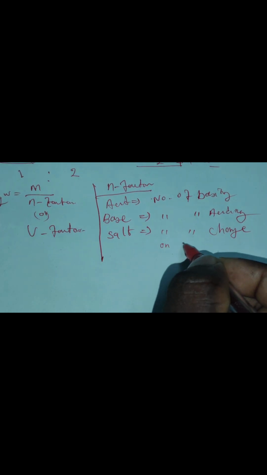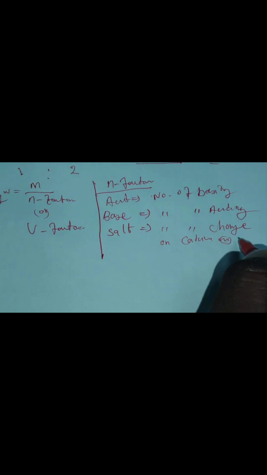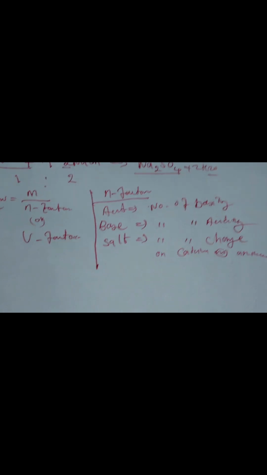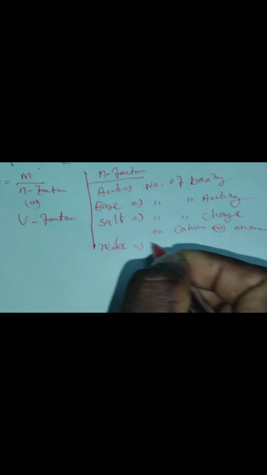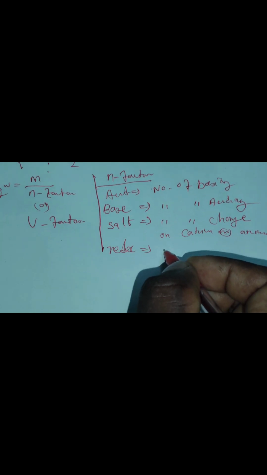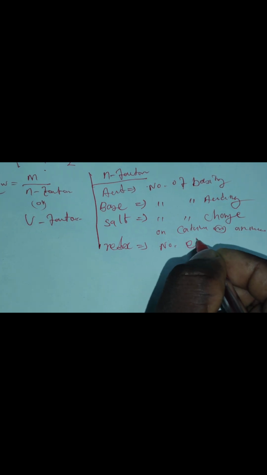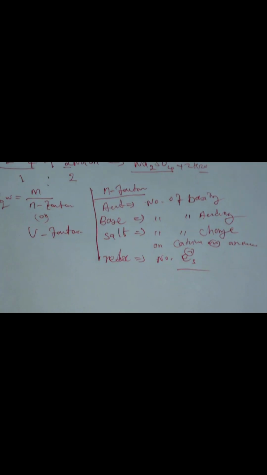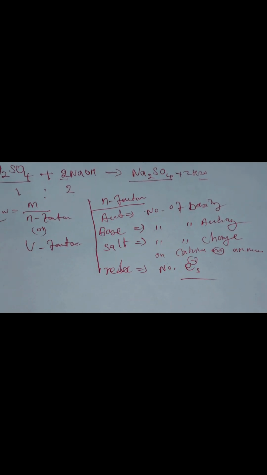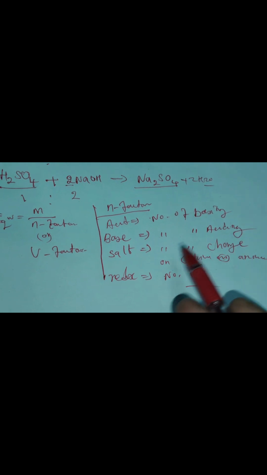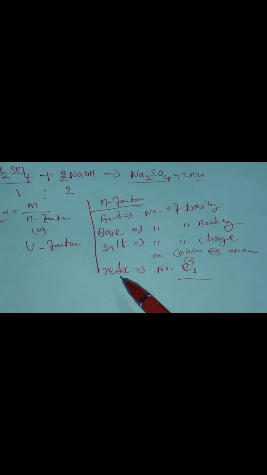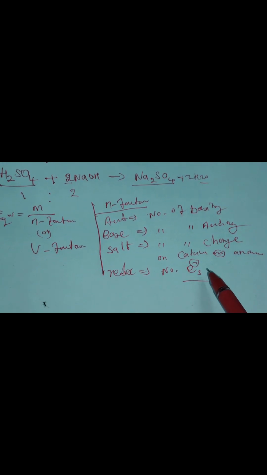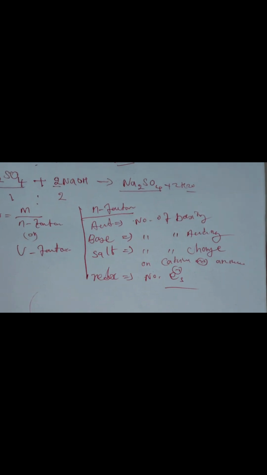In case of a redox reaction, the n factor is the number of electrons transferred. So the n factor: for acid, the basicity; for base, the acidity; for salt, the number of charges on the cation or anion; for redox reaction, the number of electrons transferred.